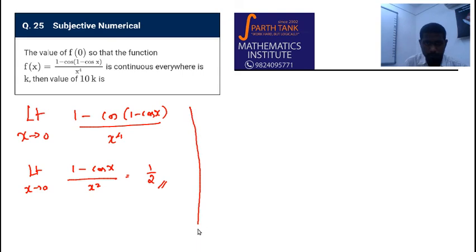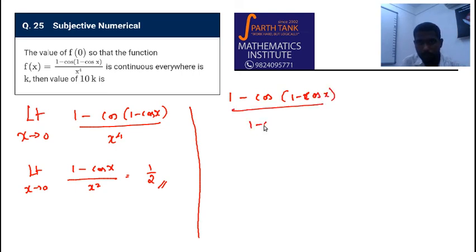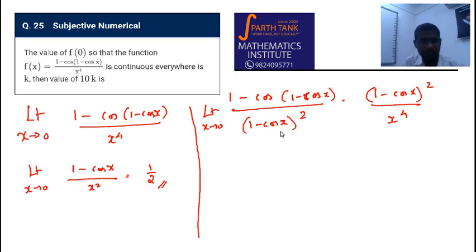What do we do? Let us bring in an expression, 1 minus cos x the whole square multiplied by 1 minus cos x the whole square by x power 4. Okay, so here this limit as x tends to 0. You see this itself is like 1 minus cos x by x squared.